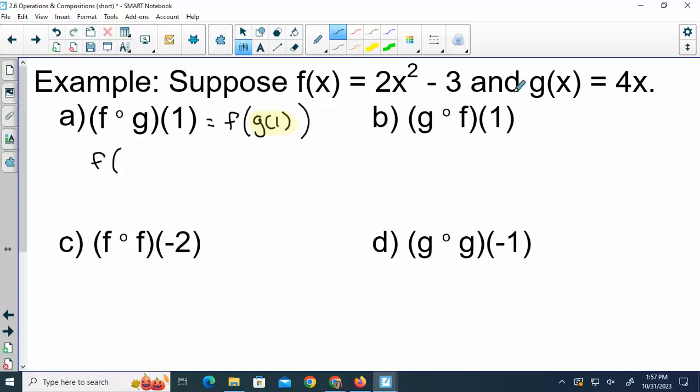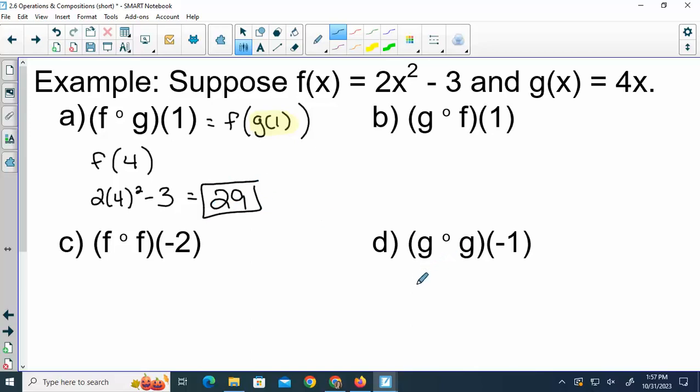If you put 1 into function g, what do you get? 4. So now we need to find f of 4. If I put 4 into function f, 4 squared is 16, times 2 is 32, minus 3, 29.